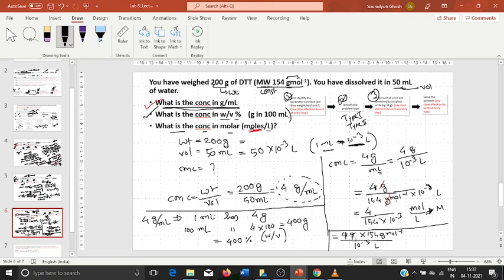You can see the gram and gram are not cancelling, and you are not getting the mole in the numerator. It's mole inverse. So that tells you this is not the right approach. You don't need to remember whether to divide or multiply. If you use the units properly, that would help you find that out.